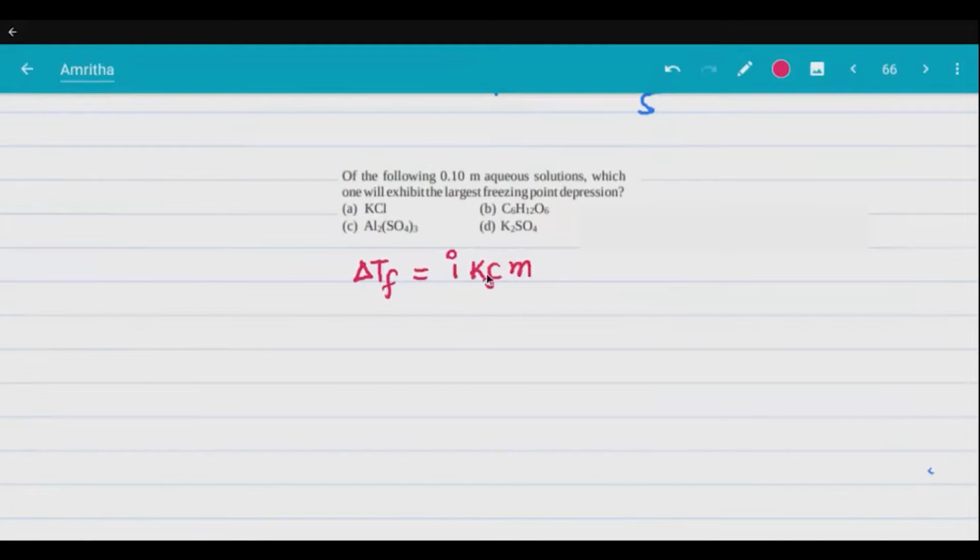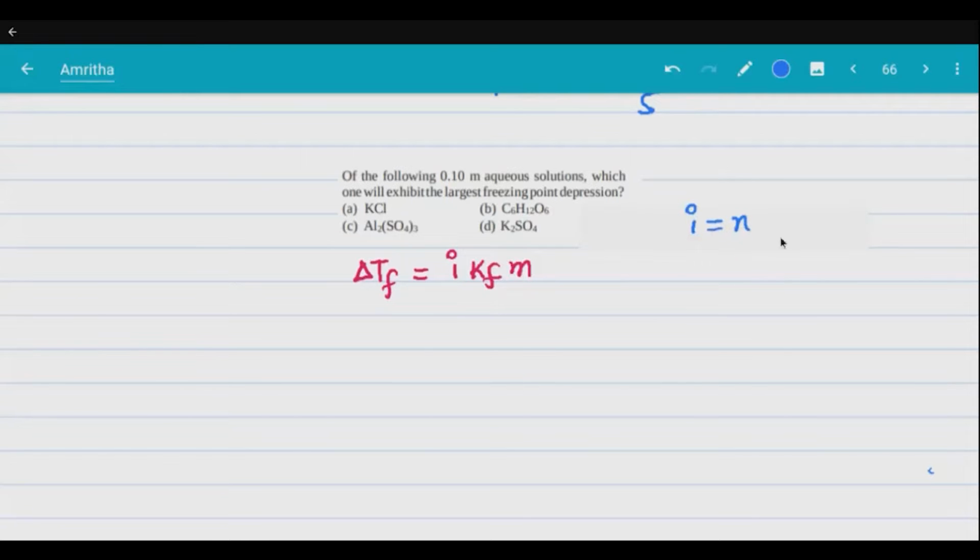Kf is a constant, m means molality, and i means van't Hoff factor. The van't Hoff factor is based on ions, how many ions are released. So here i can be taken as n, the number of ions produced per 1 mole.